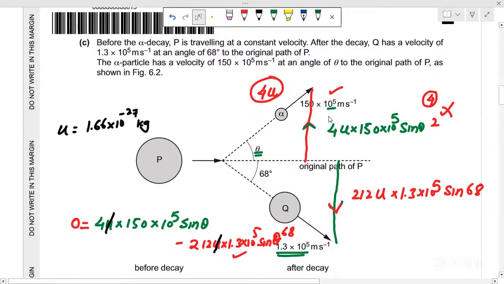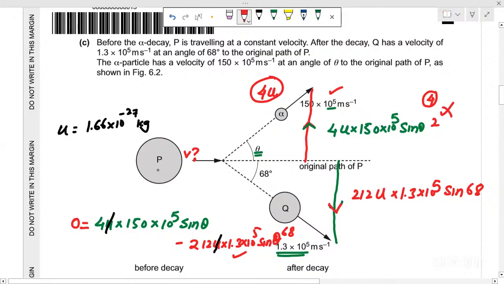Okay. What if you have to find the velocity of this P? That is not mentioned in the question, but what if you were supposed to find the velocity with which this was moving? I hope you can find.